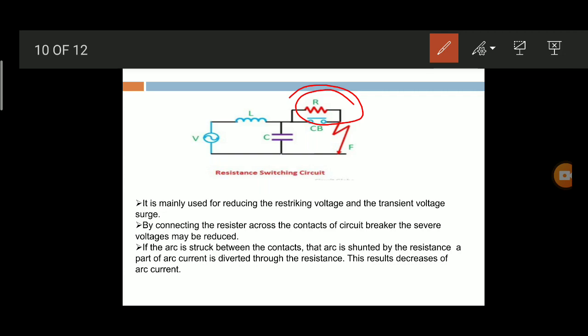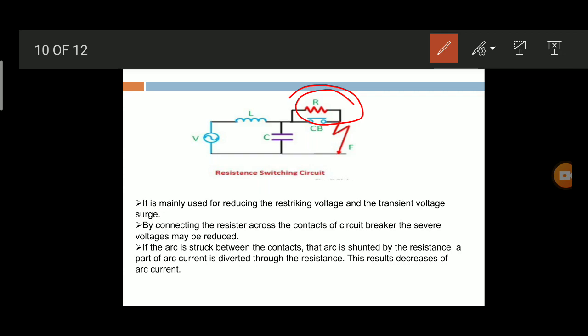This results in a decrease of arc current and an increase in the rate of deionization of the arc path.